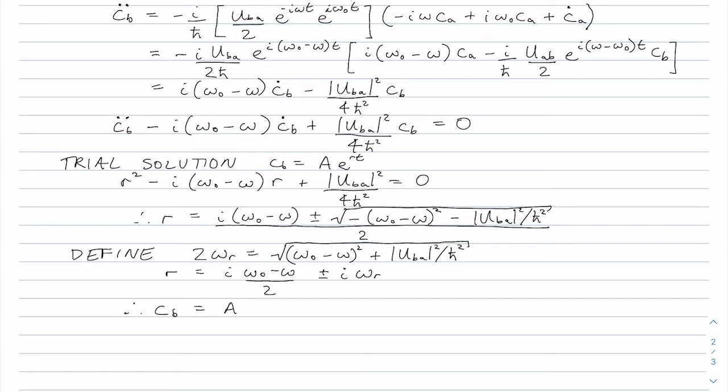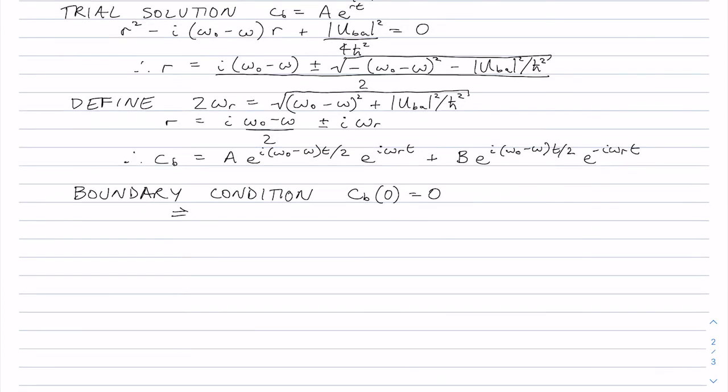Putting that back into our trial solution for CB, we get A... So that's the most general form of our trial solution that fits the second order ODE. And now we need to put in the boundary conditions. So that's a solution for the time being of CB as a function of time.